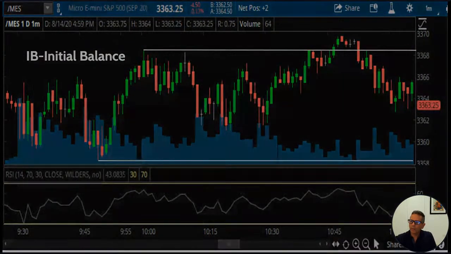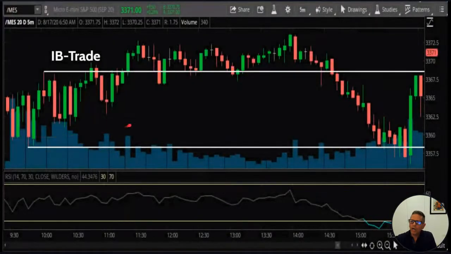In this case, it's a little bit different here. The level was breached here, and this is actually the same chart, only it is the 5 minute.